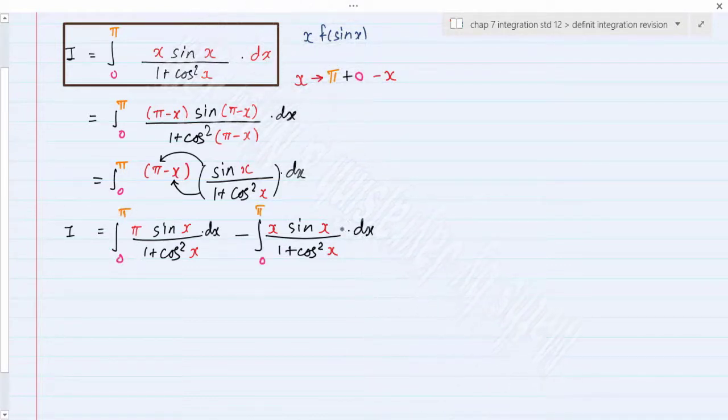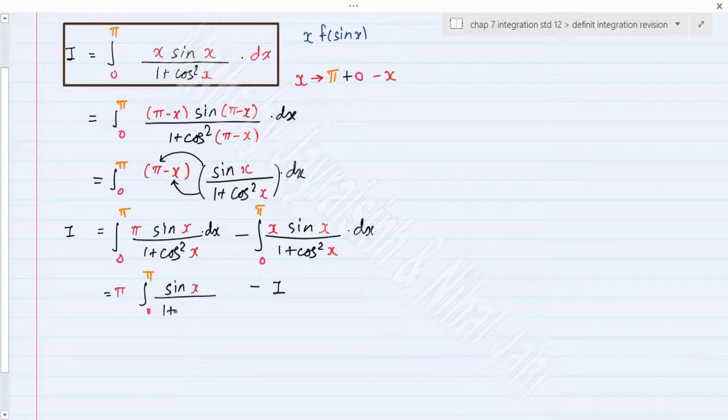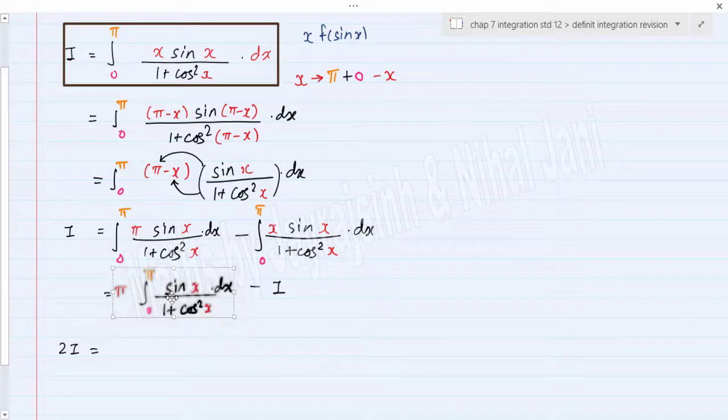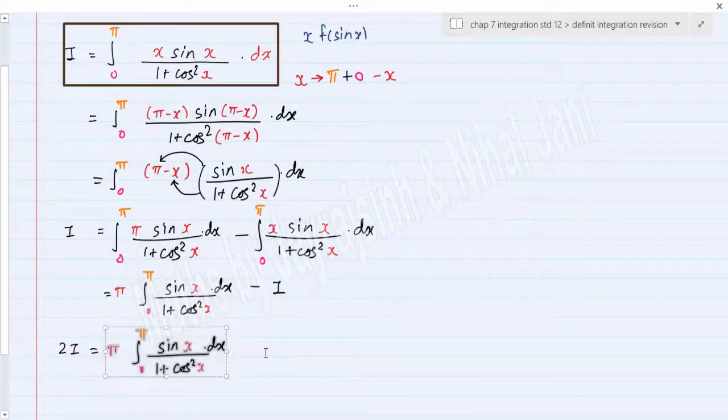Now, as you can see, your second term is nothing but I, and in the first term we can take pi common. So here we will get the integral from 0 to pi of sin x upon 1 plus cos square x, dx. Taking I on the left side, we will get 2I is equal to the whole term as it is. So just put it as it is.